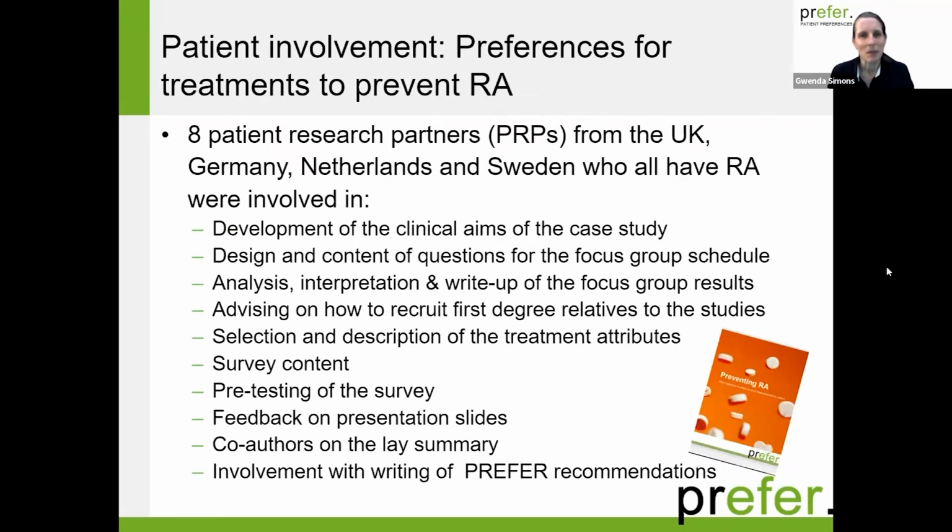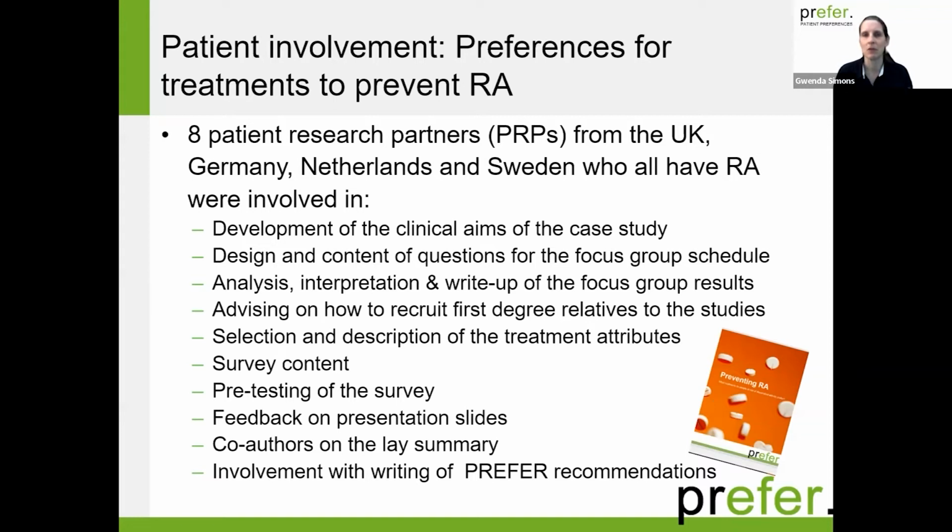Next slide, please. Then there's also been patient involvement in the preferences for treatments to prevent RA, the study that Maria's just described to us. In this study, we worked together with 8 patient research partners from the UK, Germany, Netherlands, and Sweden, all of whom have RA.